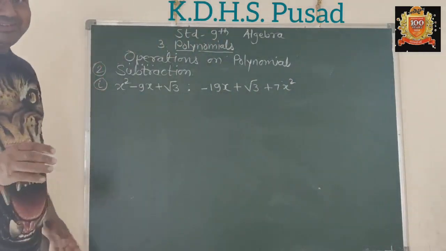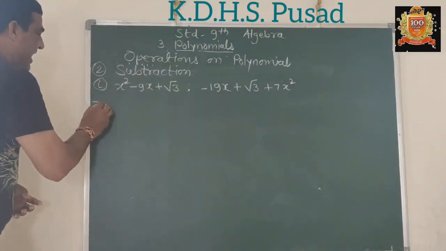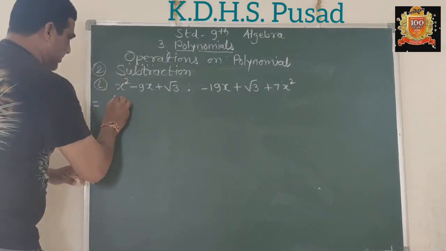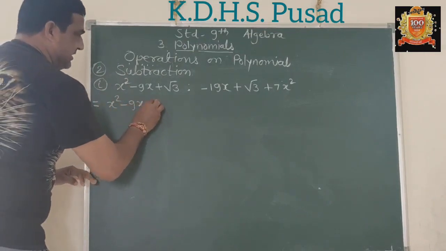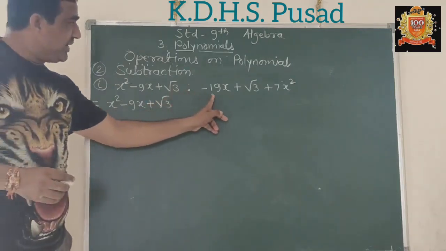Now for subtraction, this is a different method. Write down your first polynomial as it is: x square minus 9x plus root 3. Okay. Now what is your second polynomial?